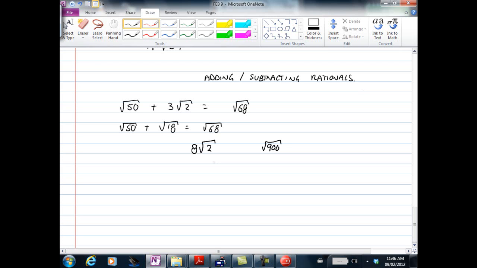So, based on this, I know that a majority of you forgot how to add and subtract rationals. So I'm going to teach you how to add and subtract rationals right now.